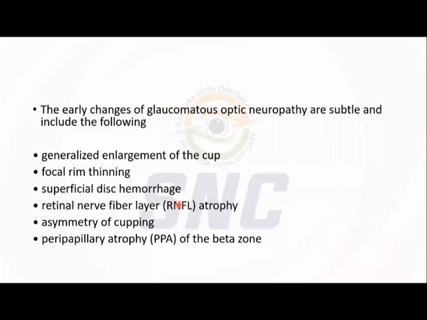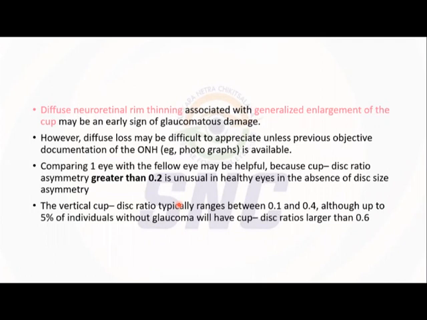Go ahead. The early changes of glaucomatous optic neuropathy are subtle and include the following: generalized enlargement of the cup, focal rim thinning, superficial disc hemorrhage, retinal nerve fiber layer atrophy, asymmetry of the cupping, and peripapillary atrophy of the beta zone. Diffuse neuroretinal rim thinning associated with generalized enlargement of the cup may be an early sign.